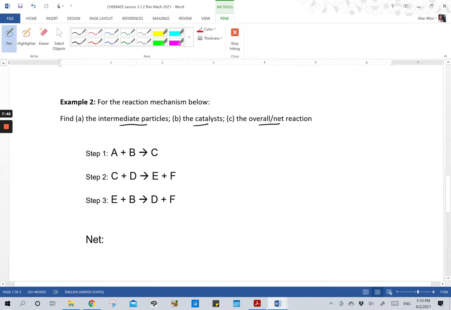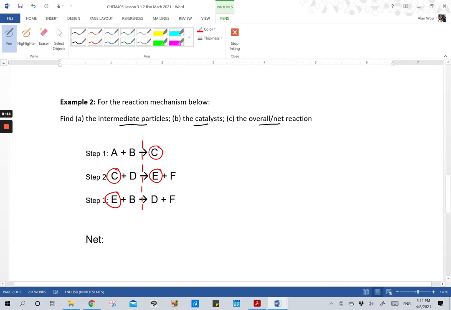Now, again, we will identify the reactions, the substances that are identical but are on opposite sides of the reactions. So for example, I find that there are 2 C's. One's on the product side, one's on the reactant side. There are 2 E's, again, one on the product side, one on the reactant side.